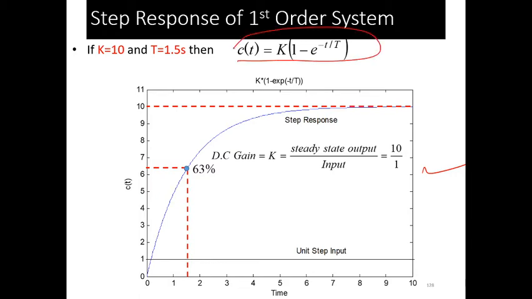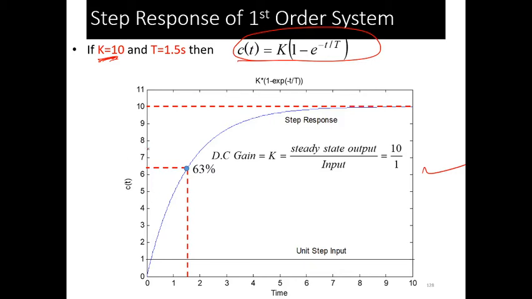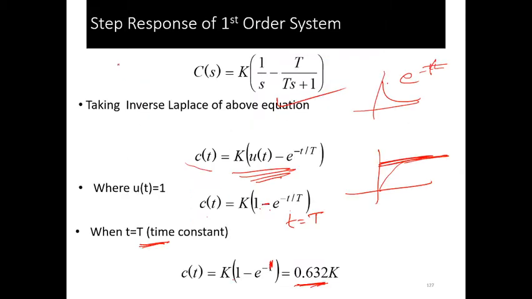This is the response. The important thing is, how is the time constant defined? Let's say we have t equal to capital T. When t equals T, the exponential term becomes e^(-1), so the response is 0.632, that is 63.2% of K. What is K?